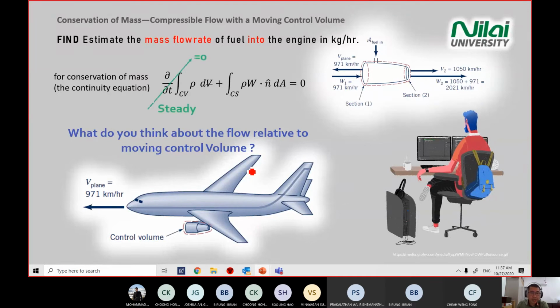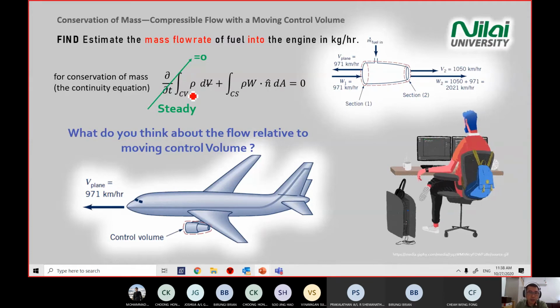So again, if you look here, in your control volume, your continuity equation, your mass in and out, in the bigger picture your mass doesn't change much. So it's a steady flow. So this one will equal 0.